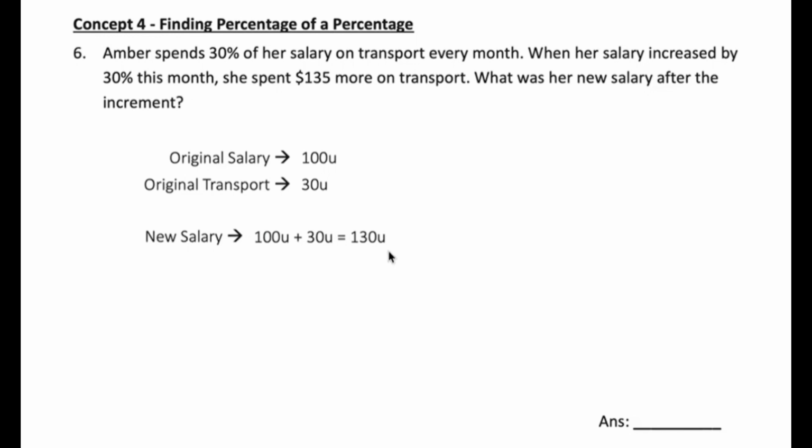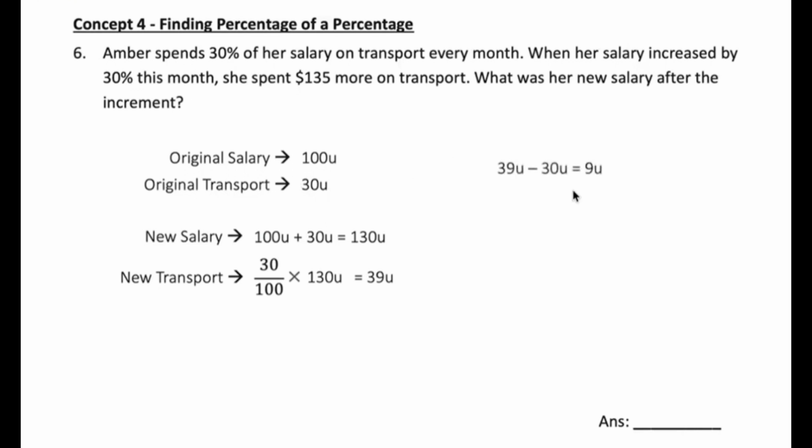And her expenditure on transport will still be 30% of 130 units. So 30 over 100 times 130 units, and you get 39 units. So this is the new spending on transport, 39 units. The old spending on transport is 30 units.